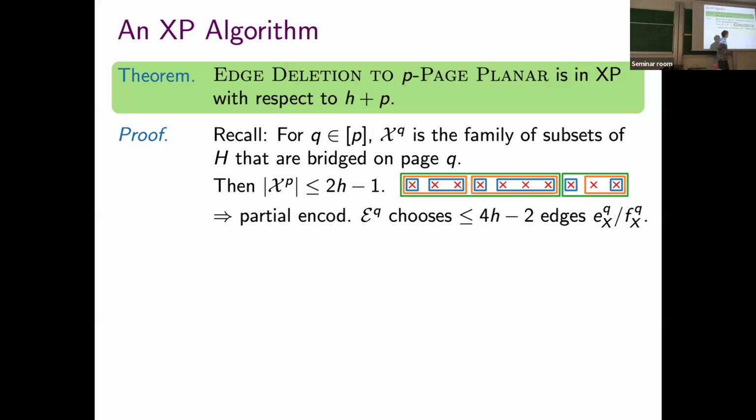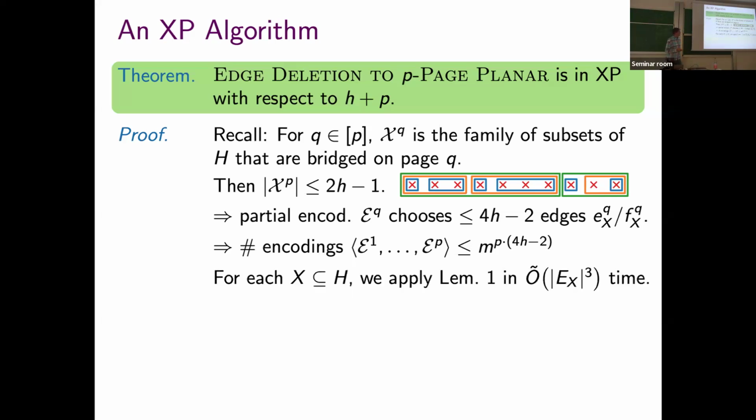So 4H minus 2 edges of type E or F. And that means the total number of encodings that we can get is, we have to map edges to pages, and each page can get this many edges. So it's M for the number of edges times P for the number of pages times the number of edges that we get on a specific page.